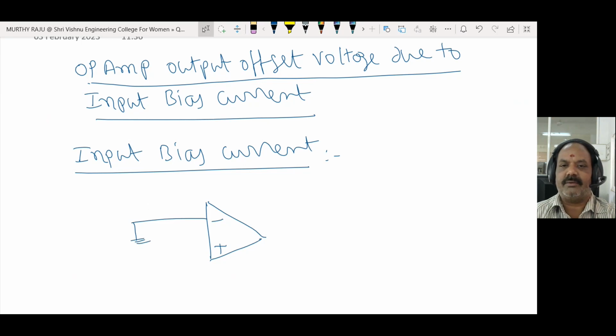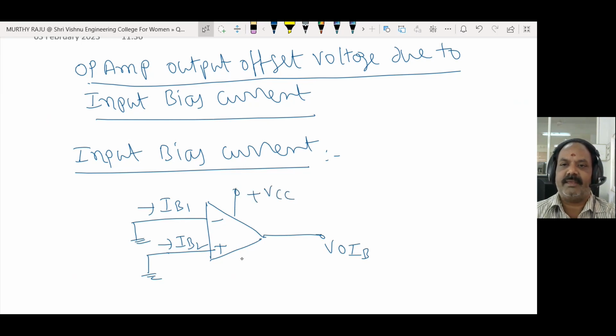This one is connected to ground. Both the inverting terminal and non-inverting terminal are connected to ground. The base currents are IB1 and IB2. This is VO, the output offset voltage due to input bias current IB.